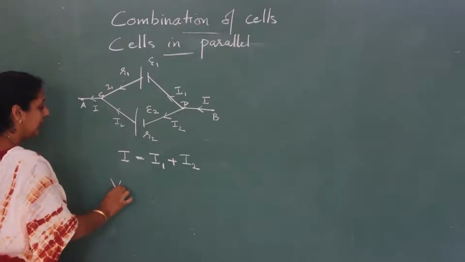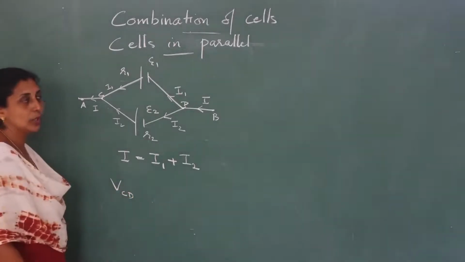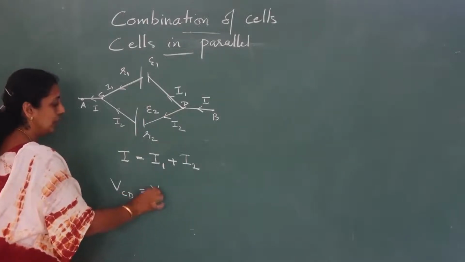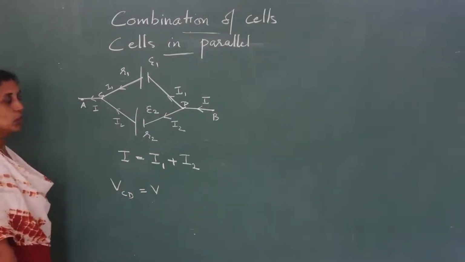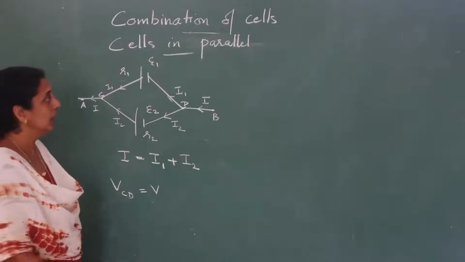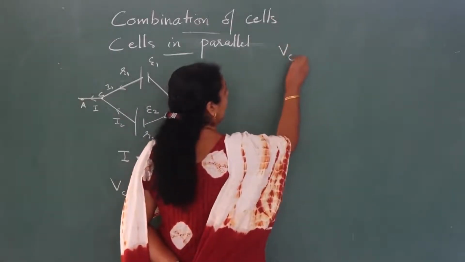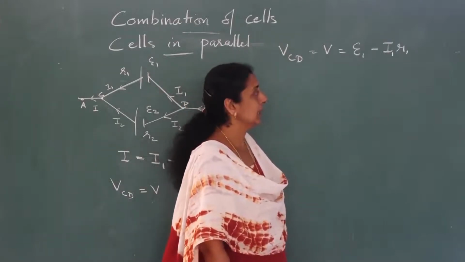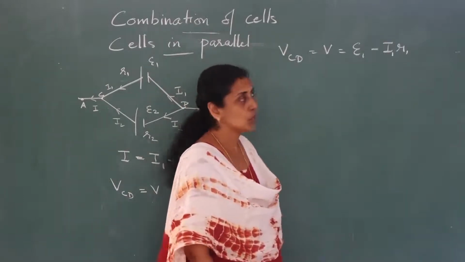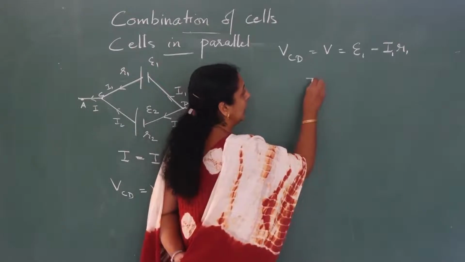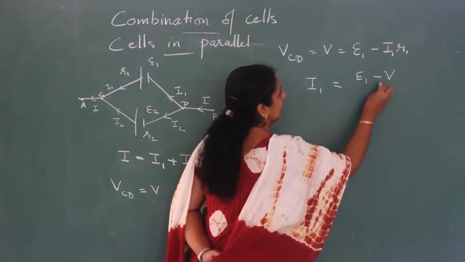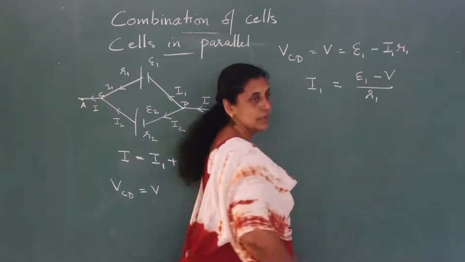So VCD, the potential drop across the junction CD, let us say is equal to V. Talking about the first cell, VCD equal to V equal to E1 minus I1 R1. So you can see that I1 is equal to (E1 minus V) by R1.